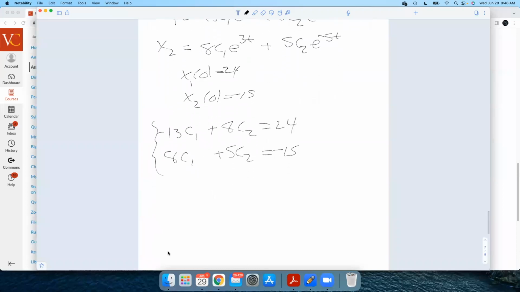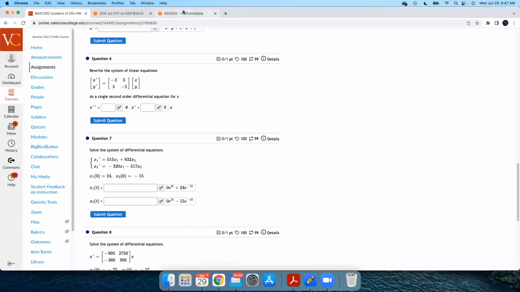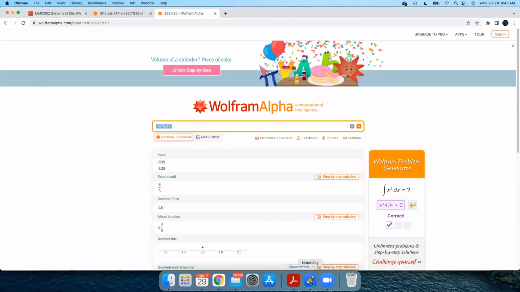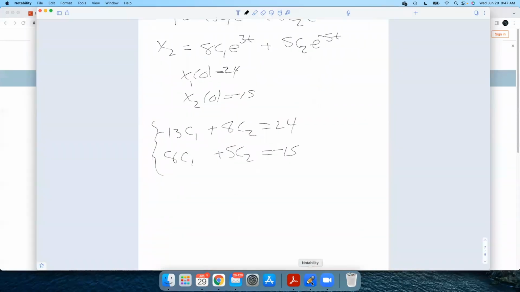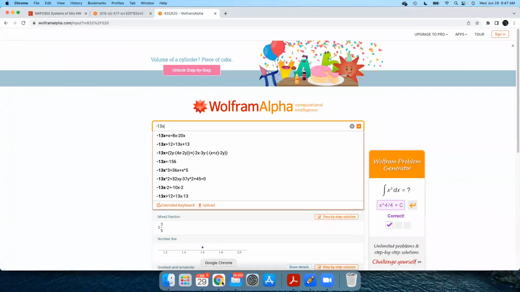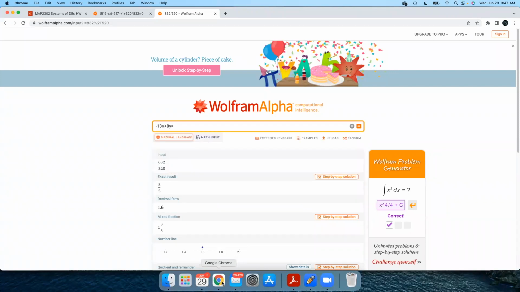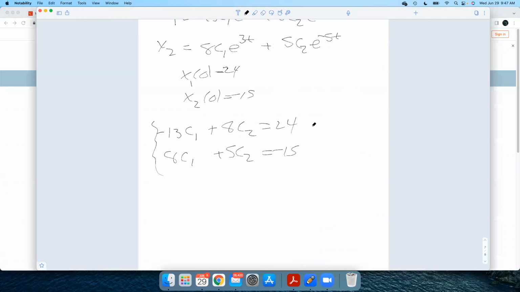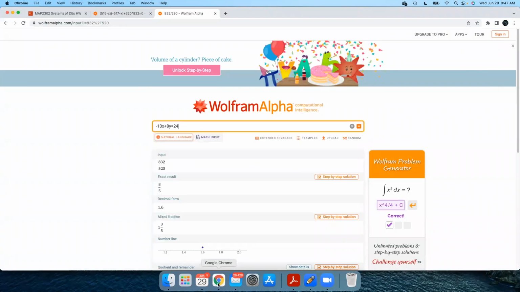If I could do it easily doing elimination or a real simple substitution, I would solve it by hand. I'm not going to solve this one by hand, especially not right here in front of you. I type it in Wolfram Alpha. And just so I don't confuse it, I'm going to use the variables x and y for C1 and C2. Negative 13x plus 8y equals 24, I think is the first one. And 8x plus 5y equals negative 15.